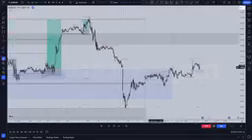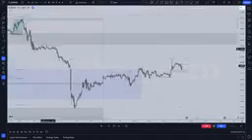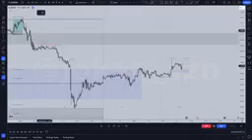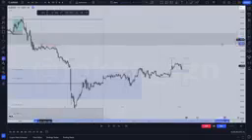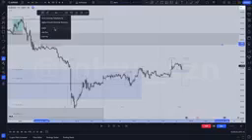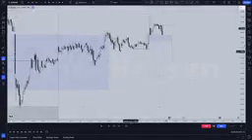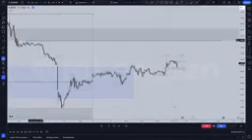We potentially could say, okay, we have a market maker model here, we have a smart money reversal here, we have the original consolidation highs right here, which are resting right below this reclaimed bearish order block, right? And we possibly could see a move into those highs here, right?